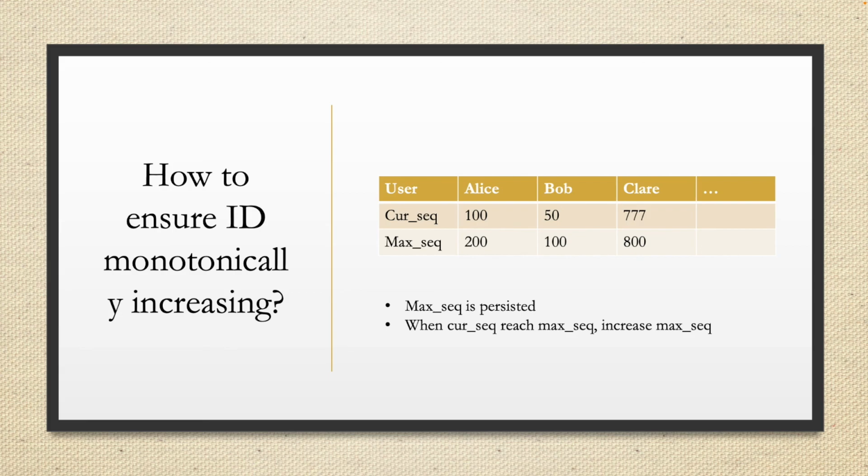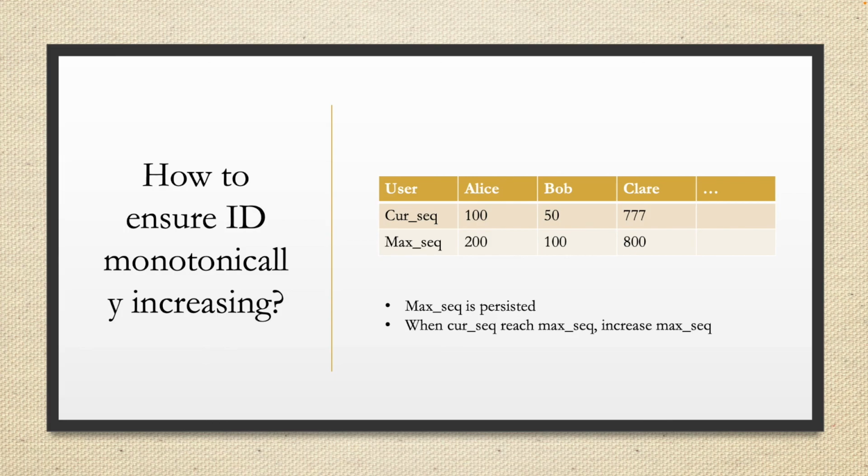For the solution, it uses two parameters: one is the current sequence and the other is the max sequence. Both values are stored in memory, and the max sequence is persisted. Each time the server gets a request, the current sequence adds 1.